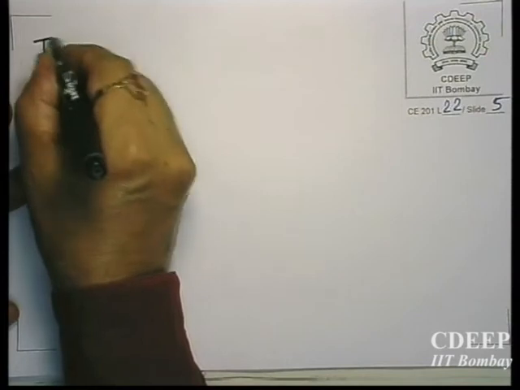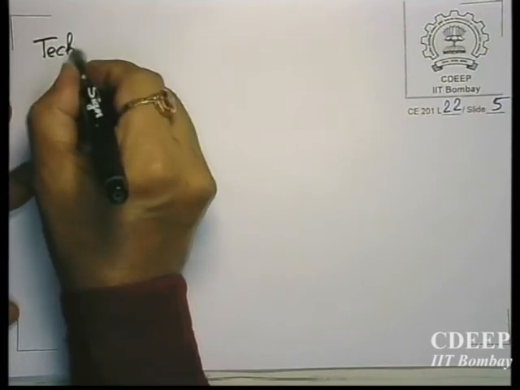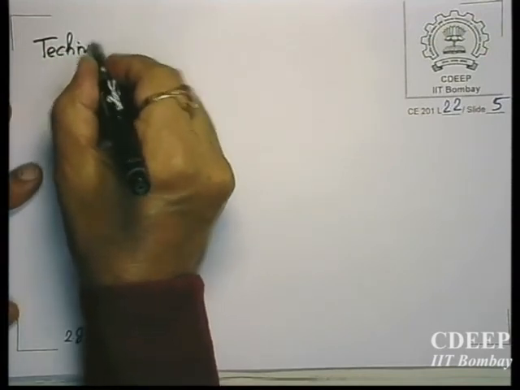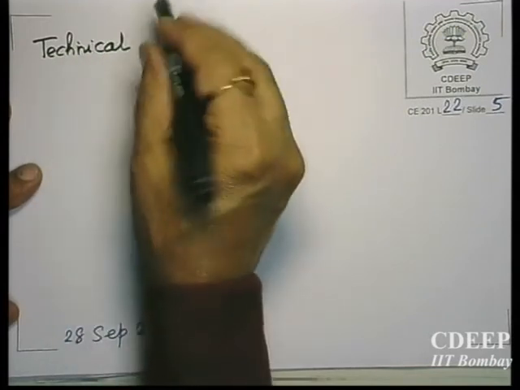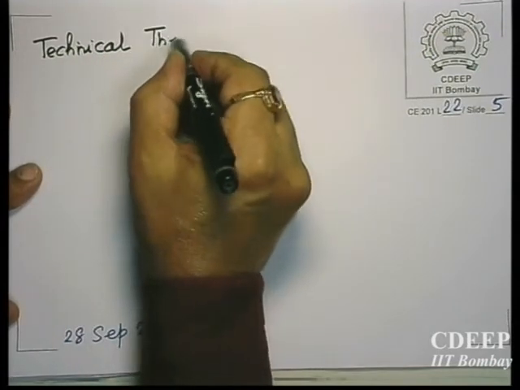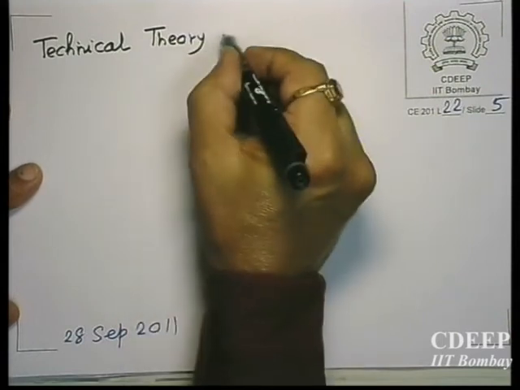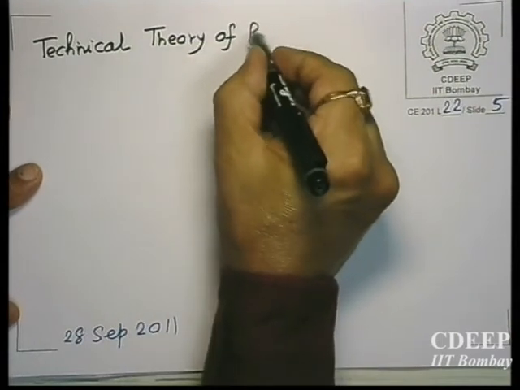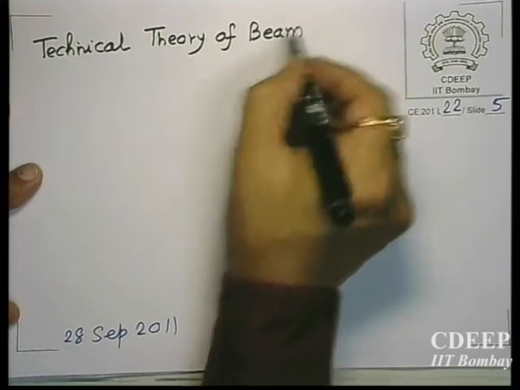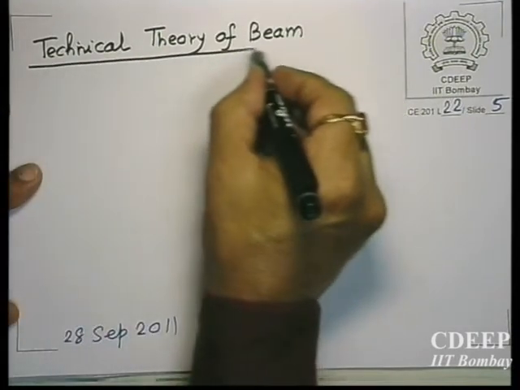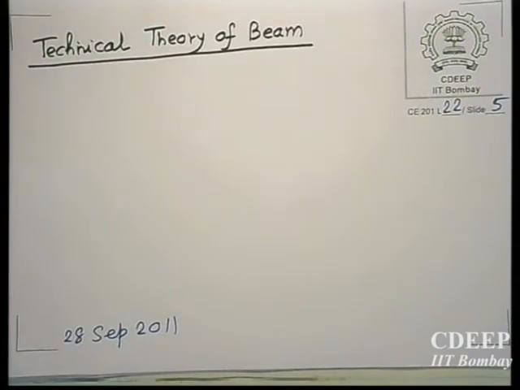The technical theory of beams is not exact, because it will not consider all types of beams. It will consider only slender beams, only beams which have a vertical plane of symmetry.